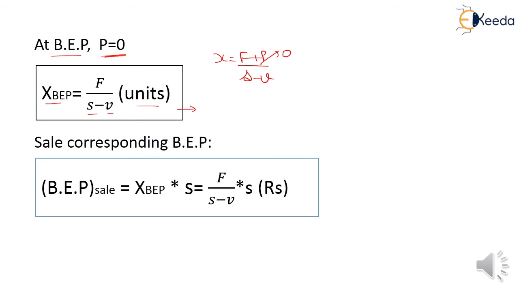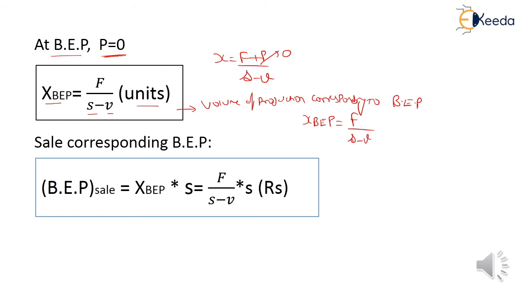This represents the volume of production corresponding to the break even point. If in the question the examiner asks what is the volume of production corresponding to the break even point, we can apply this formula F upon (s − v).